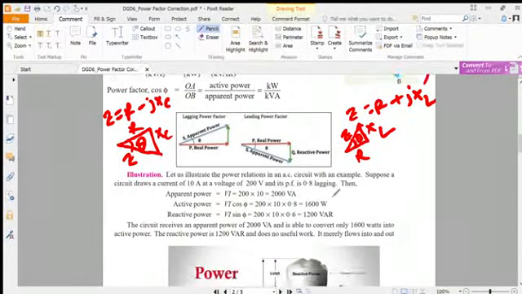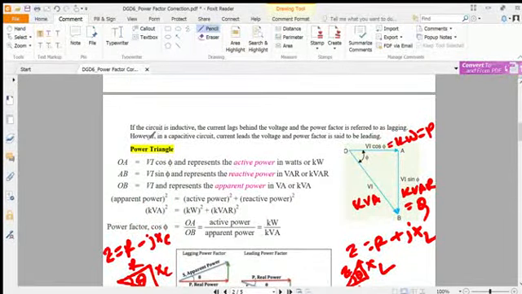Let's see an illustration here. Suppose a circuit draws a current of 10 ampere, so I equals 10 ampere, at a voltage of 200 volt, and power factor is 0.8 lagging. It's an inductive load, obviously, because the power factor is lagging.